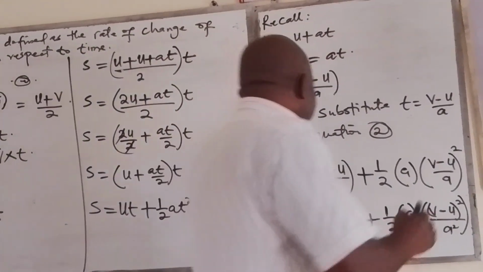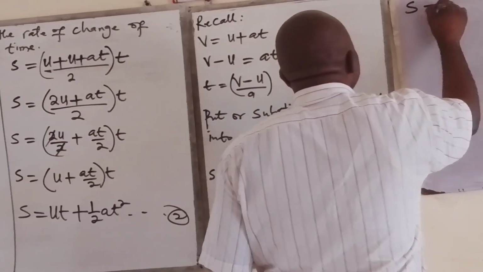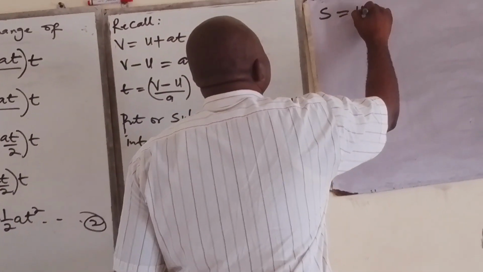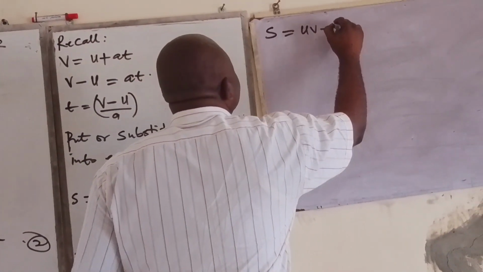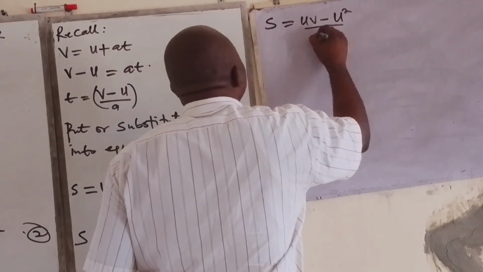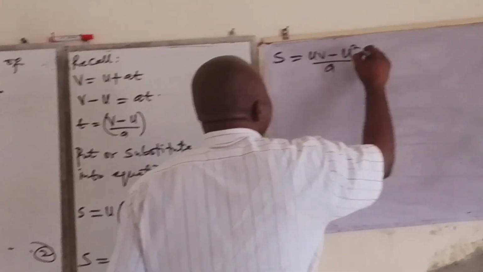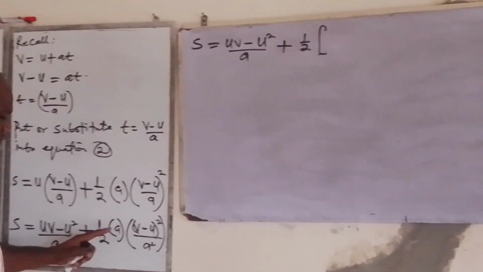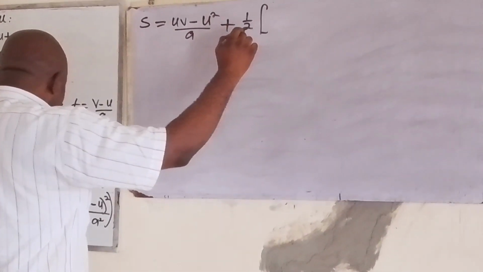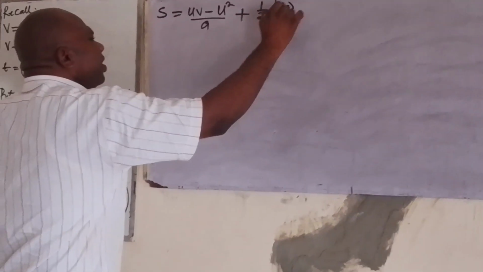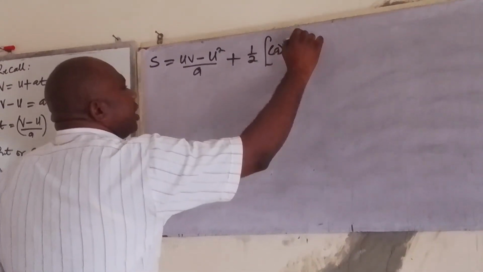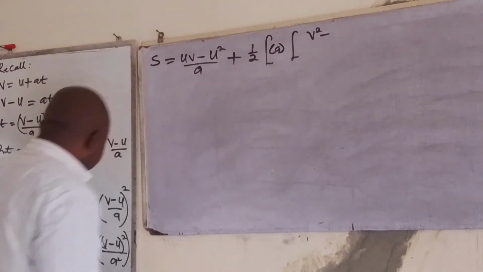Therefore the value of our x will be equal to uv minus u squared all over a, then plus half in brackets a, then v minus u all squared.